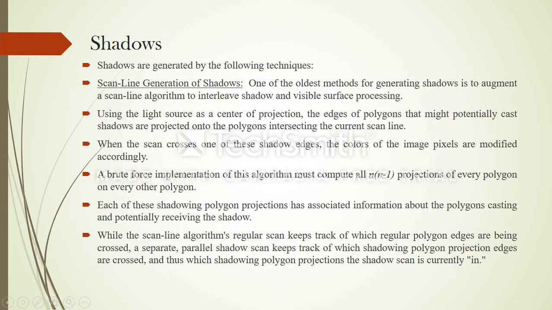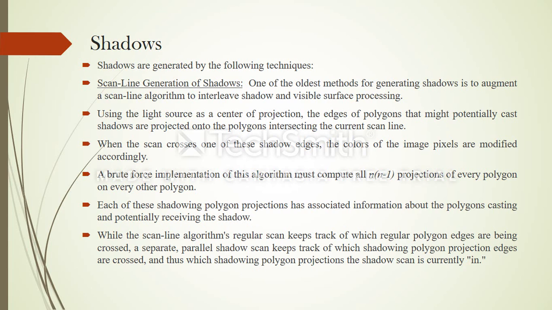Shadows are generated by the following techniques. Scan line generation of shadows. One of the oldest methods for generating shadows is to augment a scan line algorithm to interleave shadow and visible surface processing. Using the light source as a center of projection, the edges of the polygons that might potentially cast shadows are projected onto the polygons intersecting the current scan line. When the scan crosses one of these shadow edges, the color of the image pixels is modified accordingly.